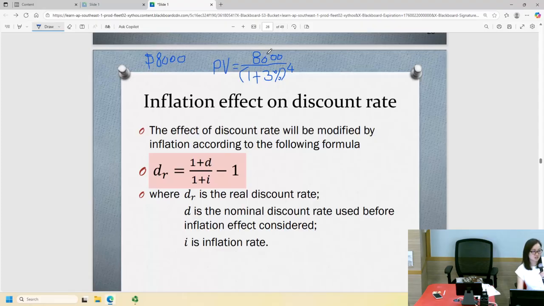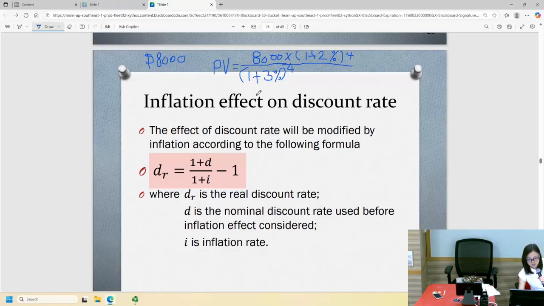So 4 years later, you will not be able to buy an iPhone with $8,000, because there is inflation. The inflation may be 2%, and 2% is yearly. So 4 years later, an iPhone will no longer be $8,000, but 8,000 times 1 plus 2% to the power 4, because of the inflation, right?